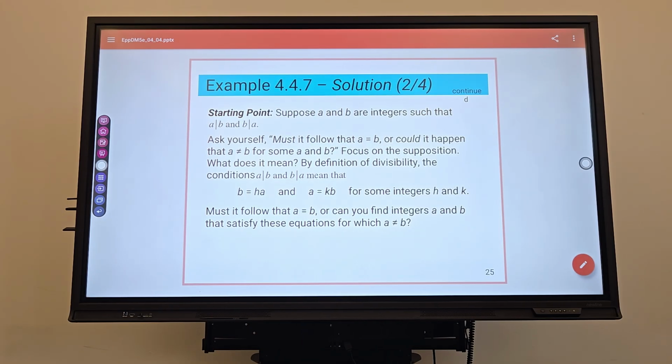So we got b equals ha, and a equals kb for some integers h and k. Must it follow that a equals b, or can you find integers a and b that satisfy the equations for which a does not equal b?